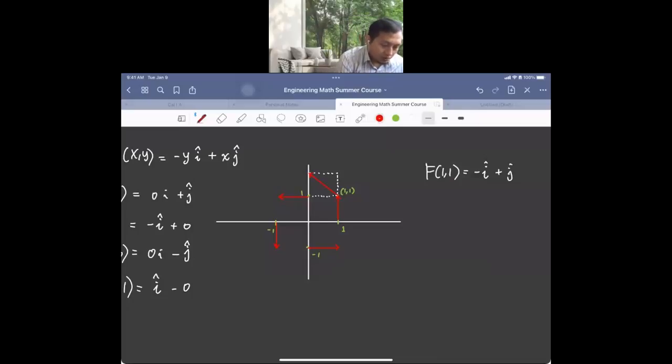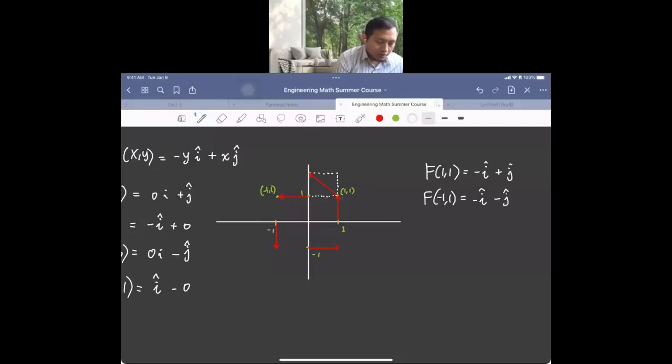Now doing the same thing from here, this is negative 1, 1. What happens is we have negative i and then negative j.